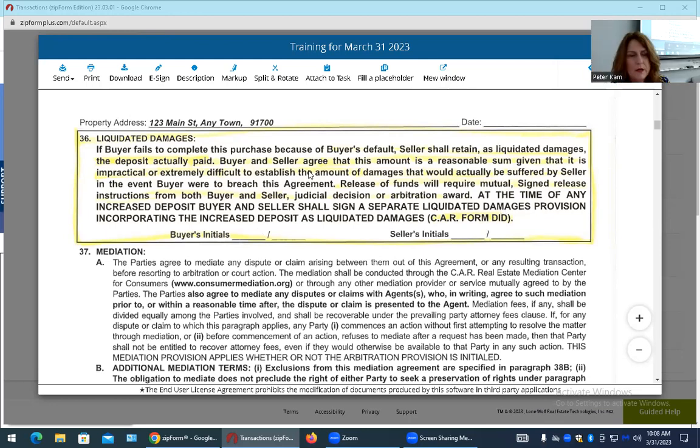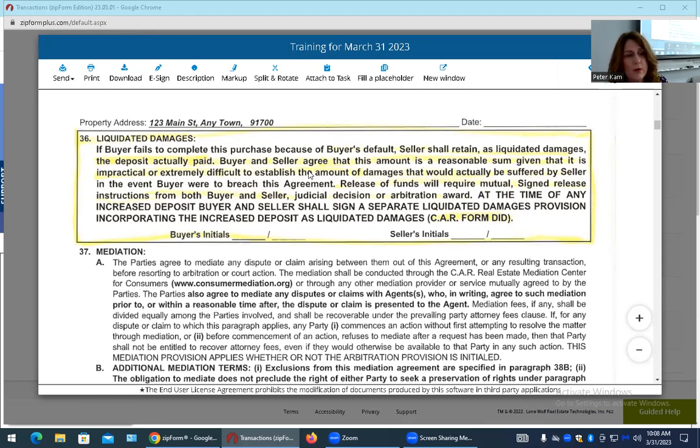Paul, I'm not sure if we mentioned it a couple weeks ago, but there have been cases where a buyer executed on a counter and had signed the liquidated damages, but failed to get the full contract back from the seller's agent prior to opening escrow, and there were no initials on the liquidated damages.